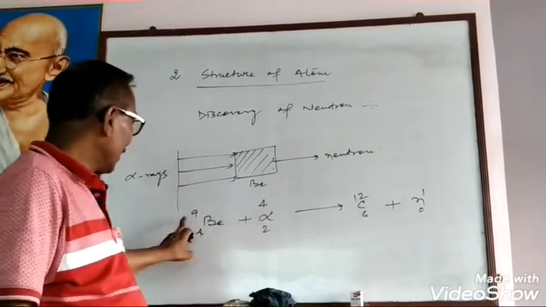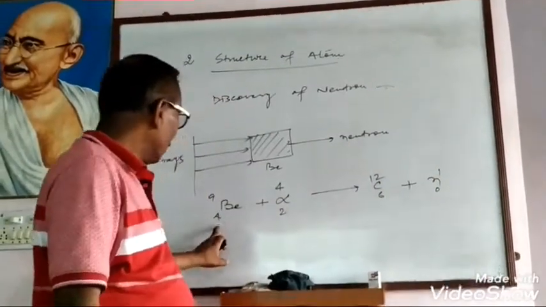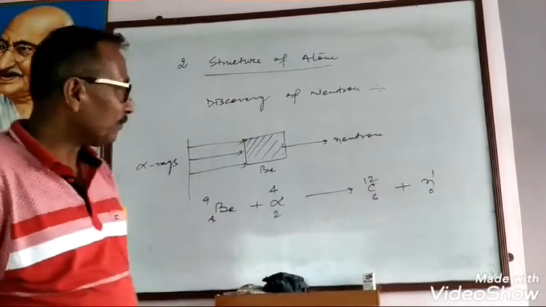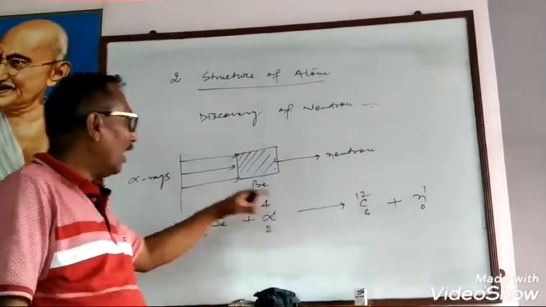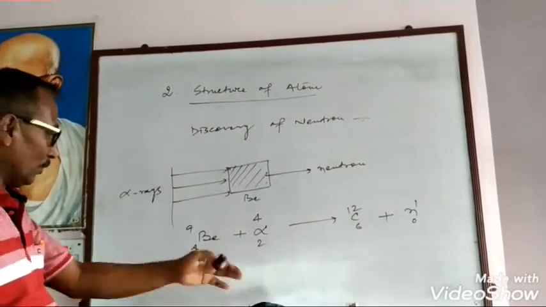So this is already balanced: 9 plus 4 is 13, 12 plus 1 is 13, 4 plus 2 is 6, 6 plus 0 is 6. So this is how to discover neutron in an atom. We have done.